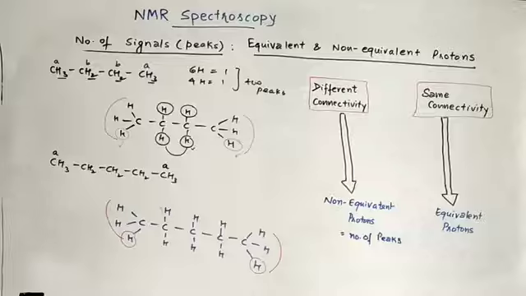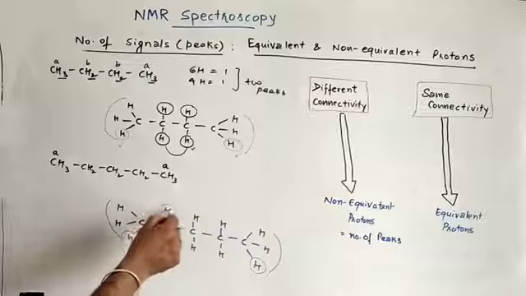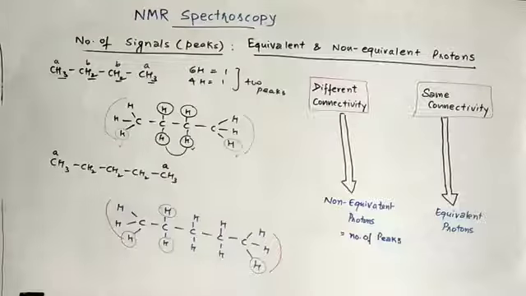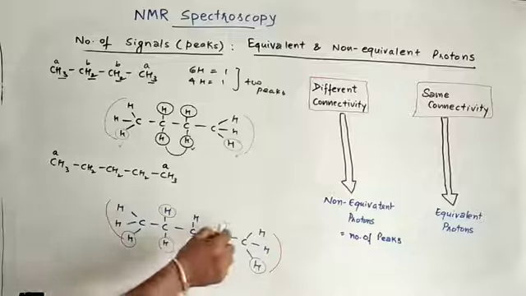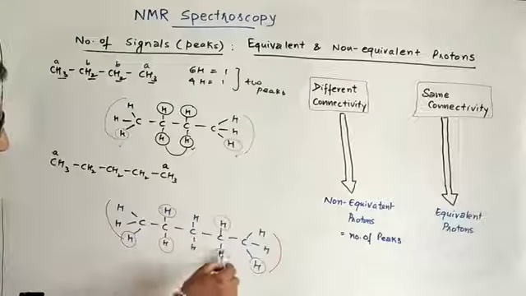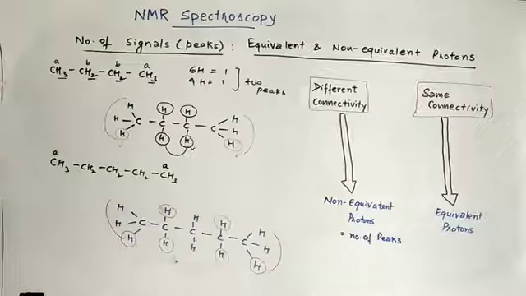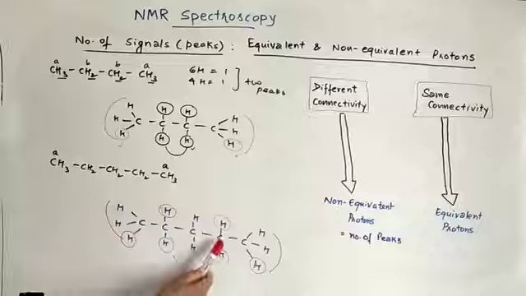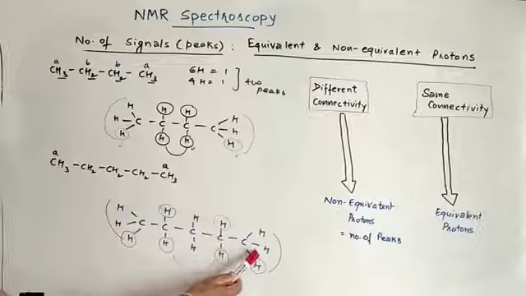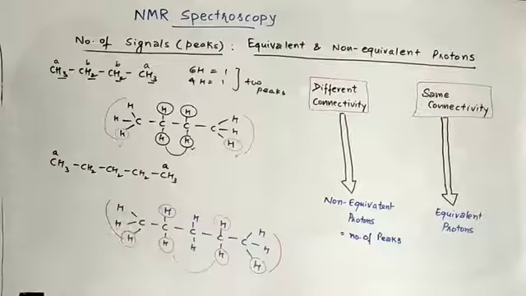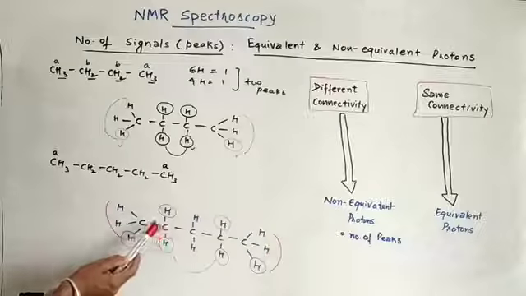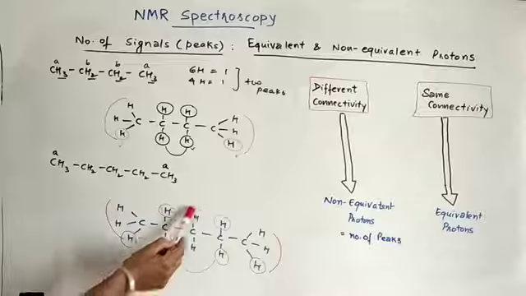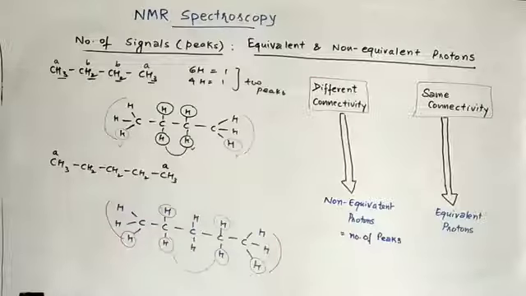Next, move to next. These 2 protons are equivalent. These 2 protons are equivalent. They are also equivalent. Compare it. This proton is connected to C, this side methyl group, this side propyl group. This proton is connected to C, this side methyl group, this side propyl group. Means same.